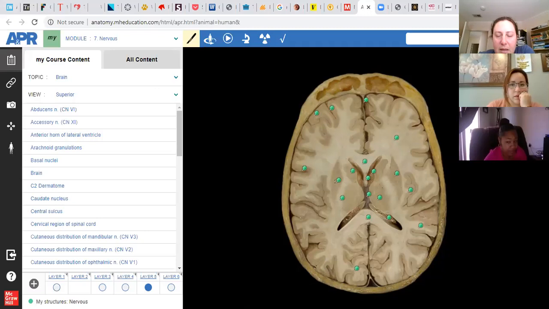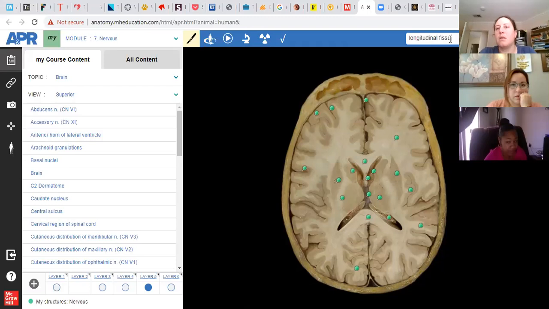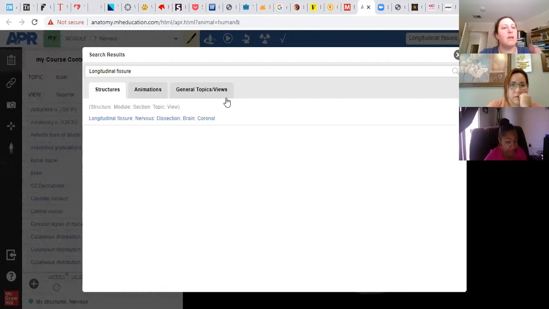Like I said, use your list, because your list is going to show you the layer that you need to see something. If you're having trouble finding it, you can search. For example, the longitudinal fissure.